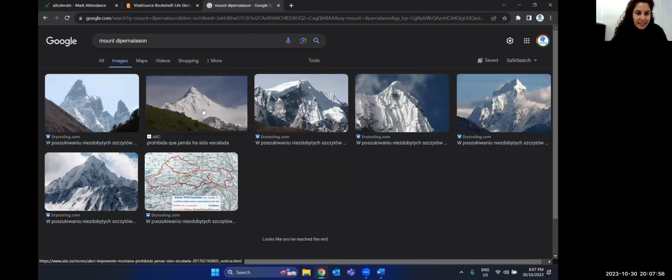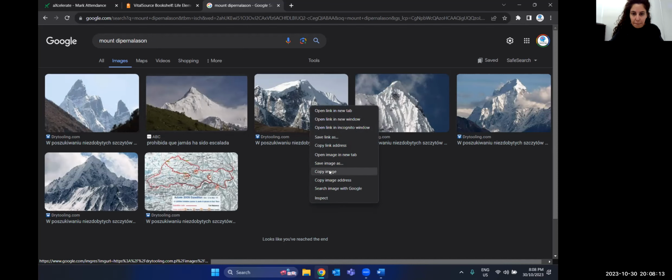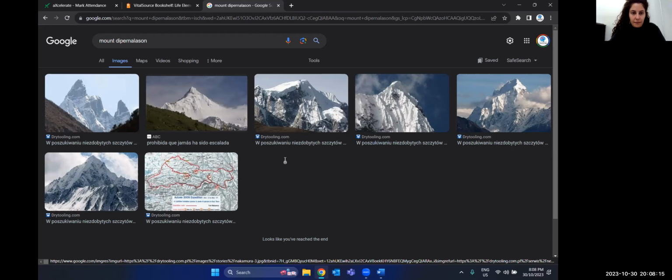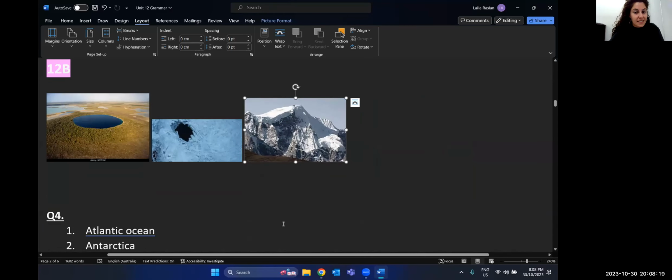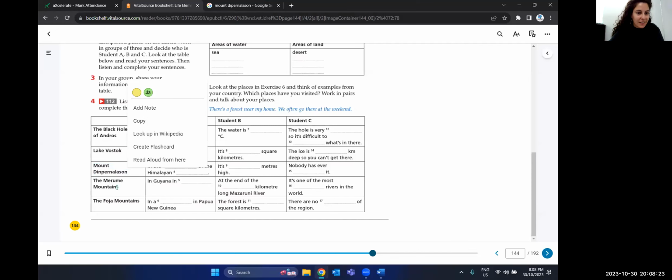This is the second place. Or the third place, Mount Dipernalison, the Himalayan. That's amazing. So you can see these are not touristic places, they're unexplored places.